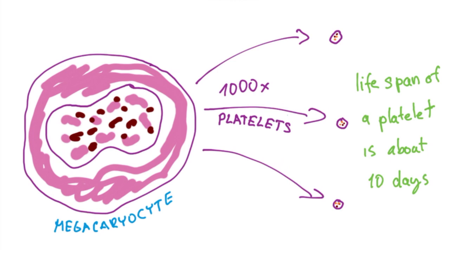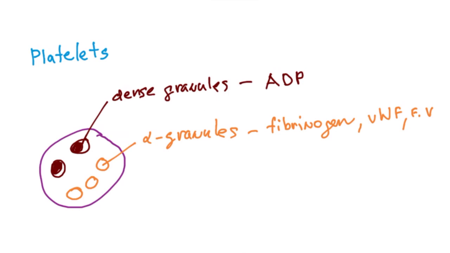Okay, so let's summarize it. One megakaryocyte is able to produce about 1,000 platelets, and the lifespan of one platelet is about 10 days. Platelets have alpha granules and dense granules.